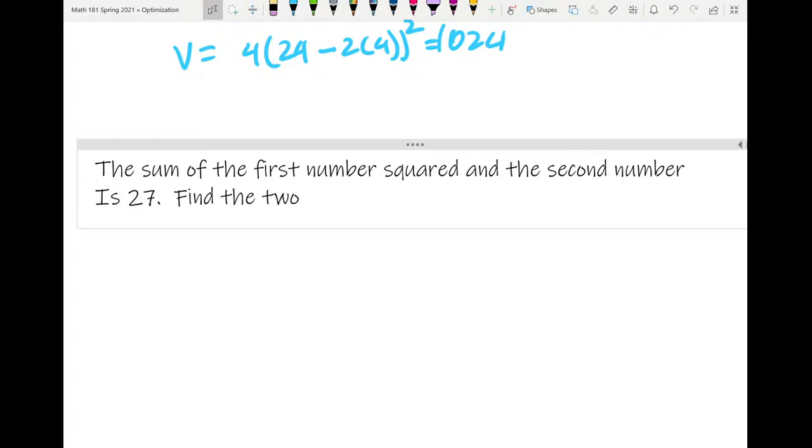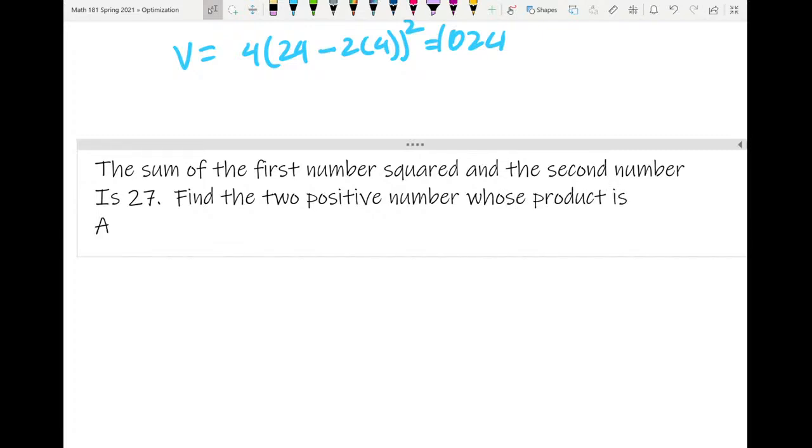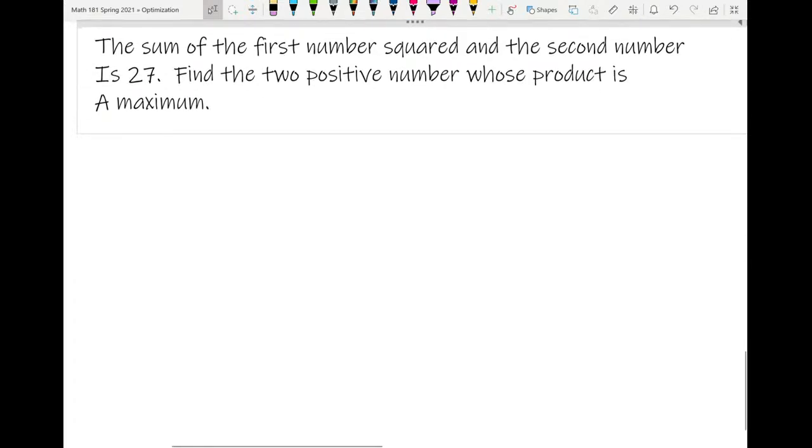Find the two positive numbers whose product is a maximum. That's a hard one. Try that.